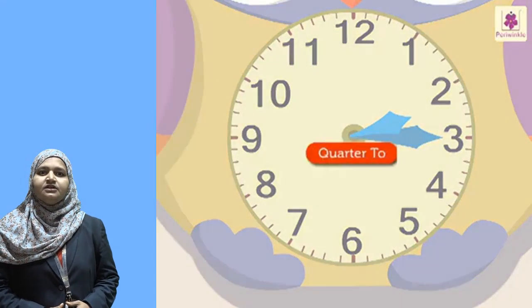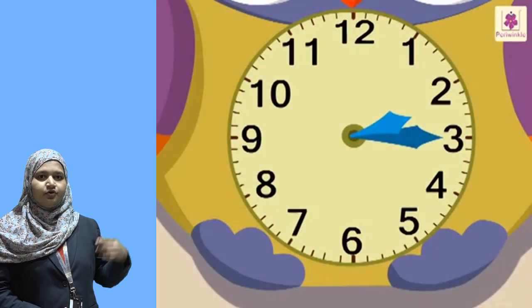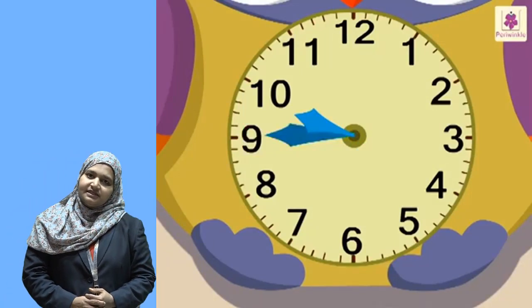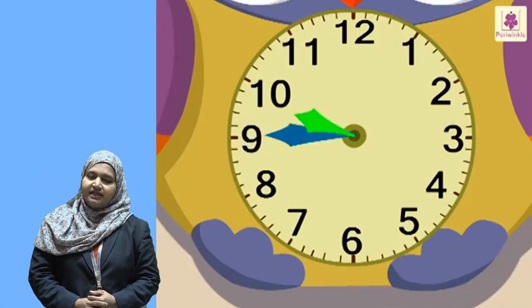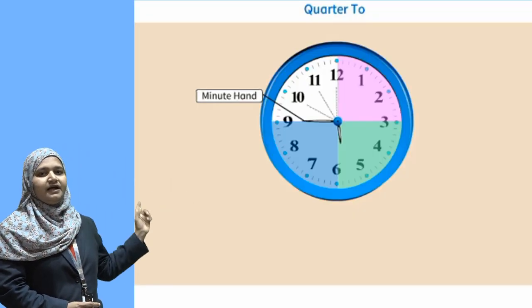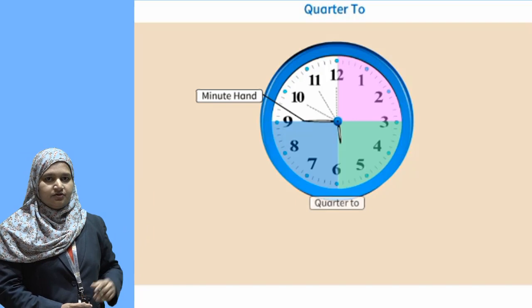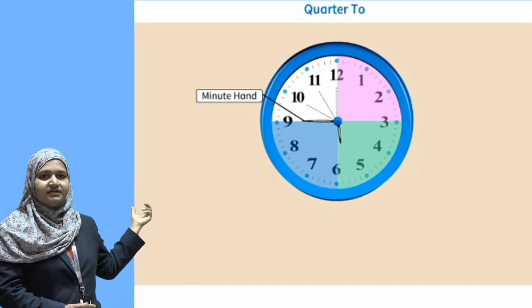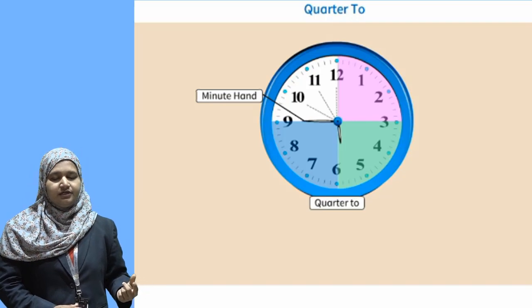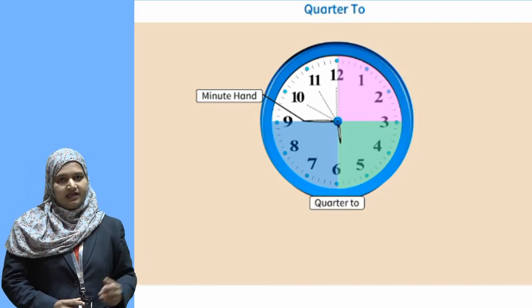Now let us learn how to read the time in quarter to. When the minute hand of the clock reaches the number 9, it has covered 3 quarters. First quarter, second quarter and third quarter. And it has just 1 quarter left to reach the next hour.